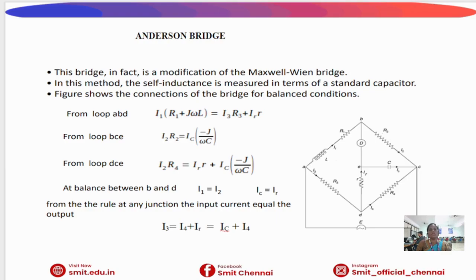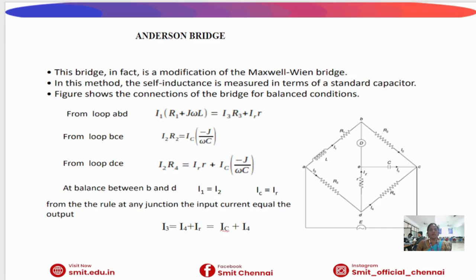Two arms contain non-inductive resistors R2 and R3. Another arm contains resistance R4. A standard capacitor C is connected through an additional branch along with a small resistance R. An AC supply is applied across the bridge and a detector is connected between points B and D.